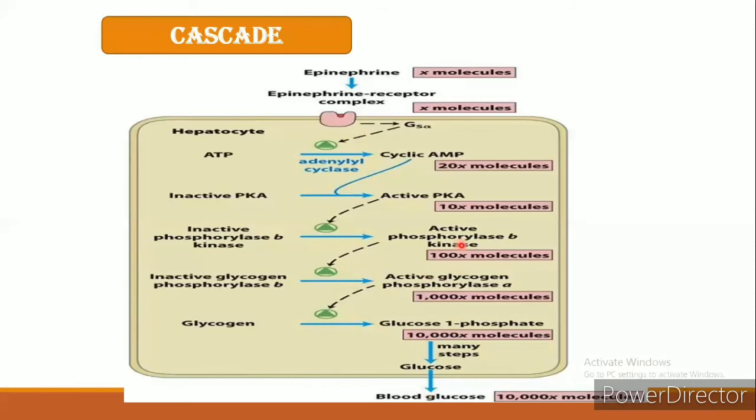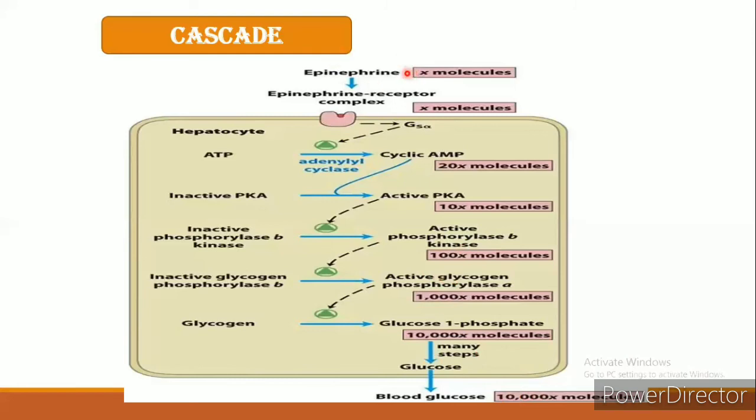This is the cascading epinephrine cascade, and about 100 million glucose molecules are the response to each molecule of epinephrine.